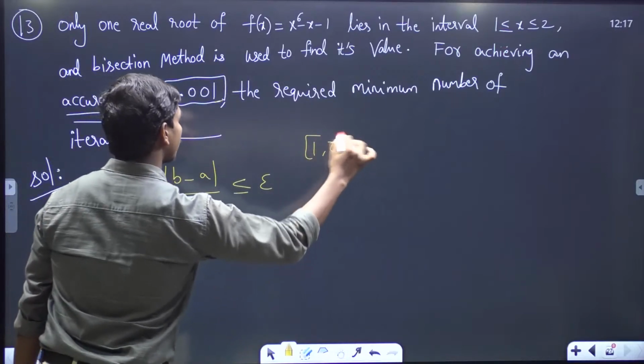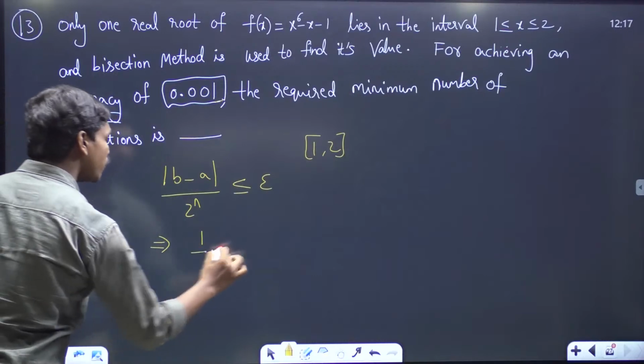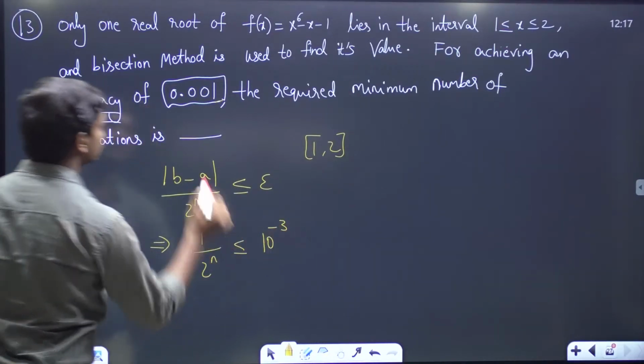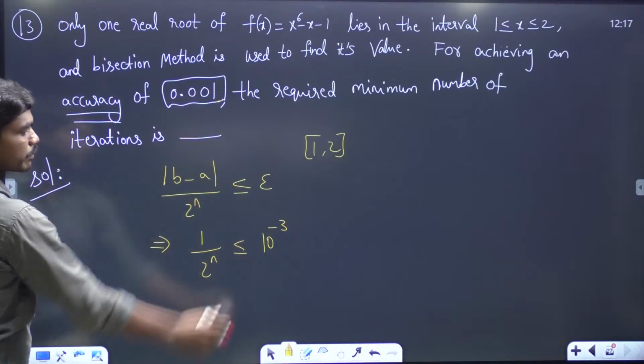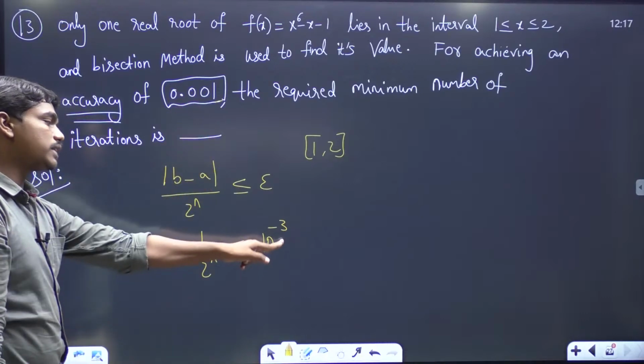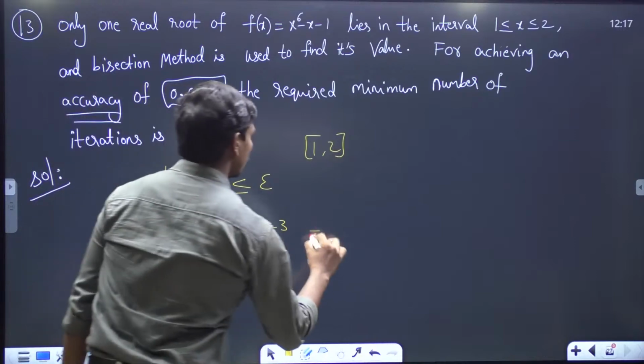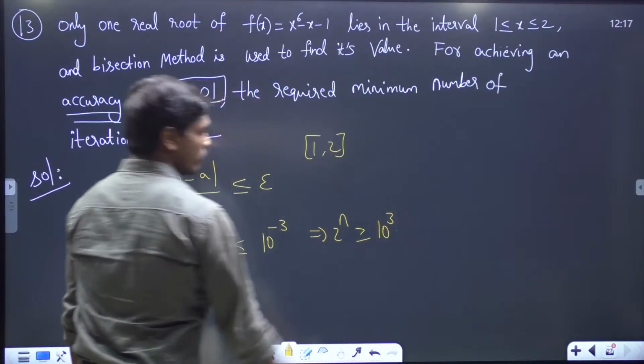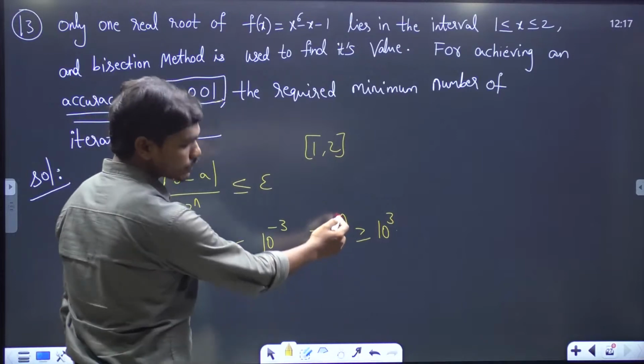Then b minus a is 1, so 1 by 2 power n is less than or equal to 10 power minus 3, which is 0.001. If you bring 2 power n to the other side and 10 cube this side, 2 power n is greater than or equal to 10 cube, and by definition 2 power 10 is 1024.